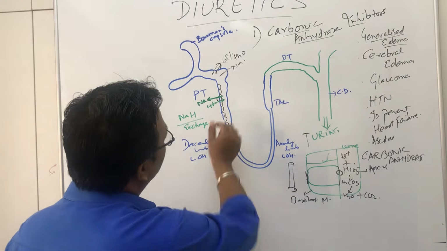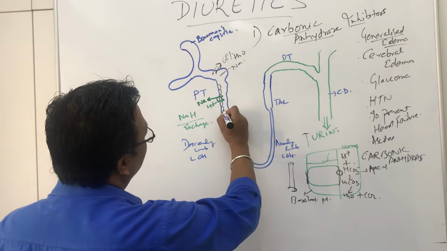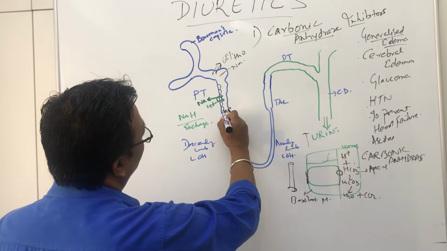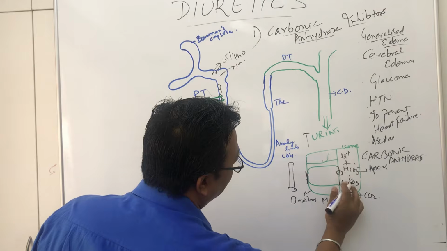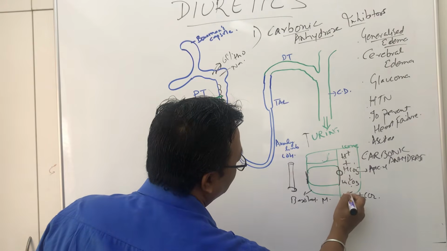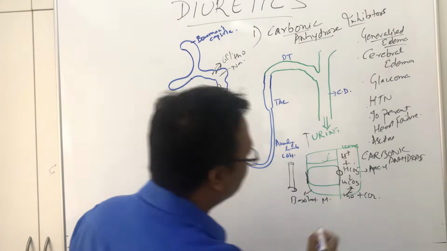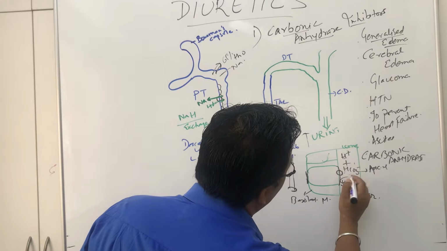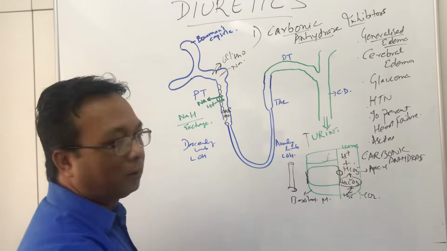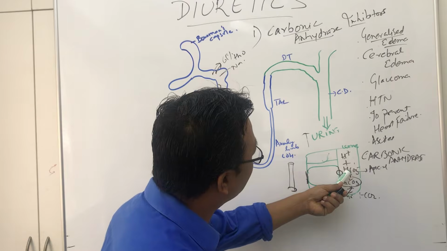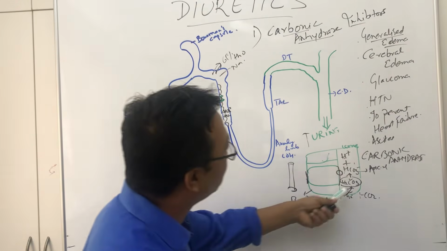In the late part here, most of the bicarbonate ion which is formed, we see in a reversible way. Water plus carbon dioxide forms carbonic acid, which splits into bicarbonate and hydrogen ions. This is a reversible reaction.